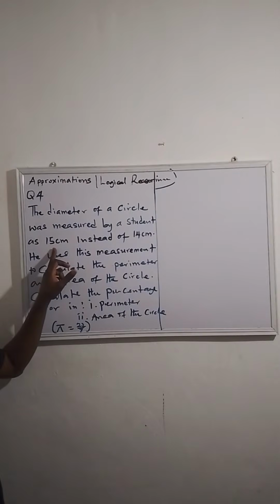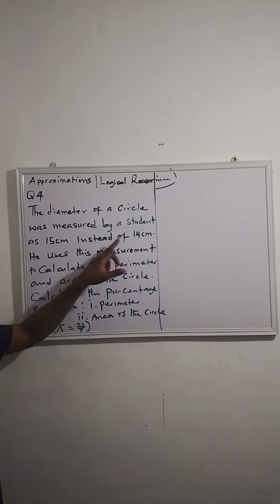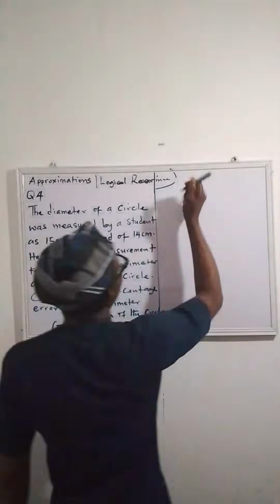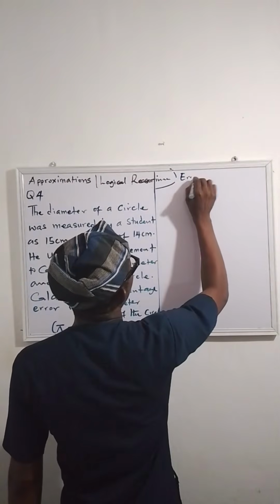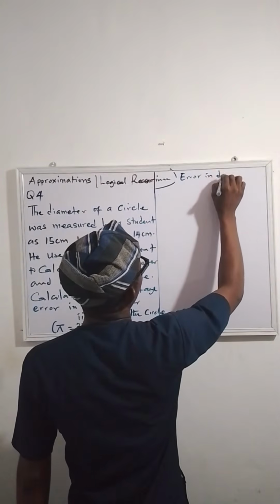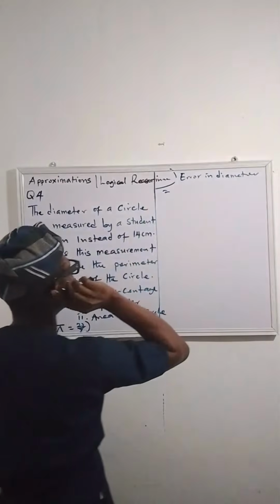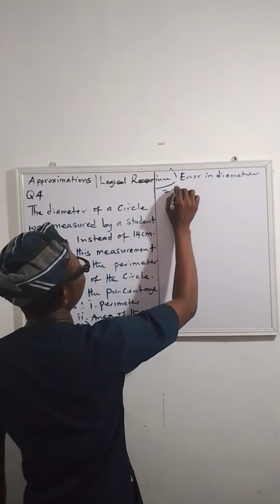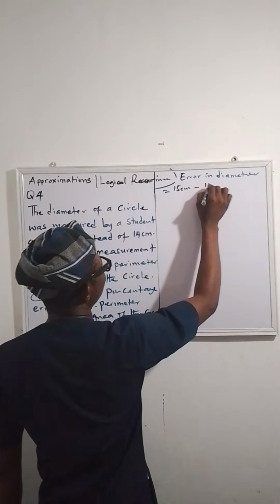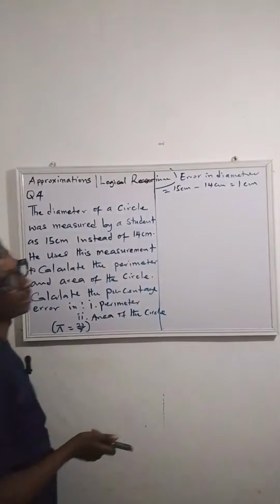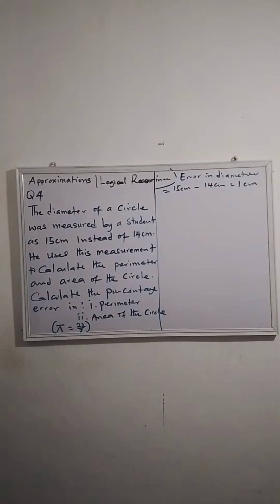He has increased this by 1 centimeter. So we have error in diameter. Error in diameter will be 15 centimeter minus 14 centimeter. That's 1 centimeter. That's error in diameter. Can you see that? Okay, good.